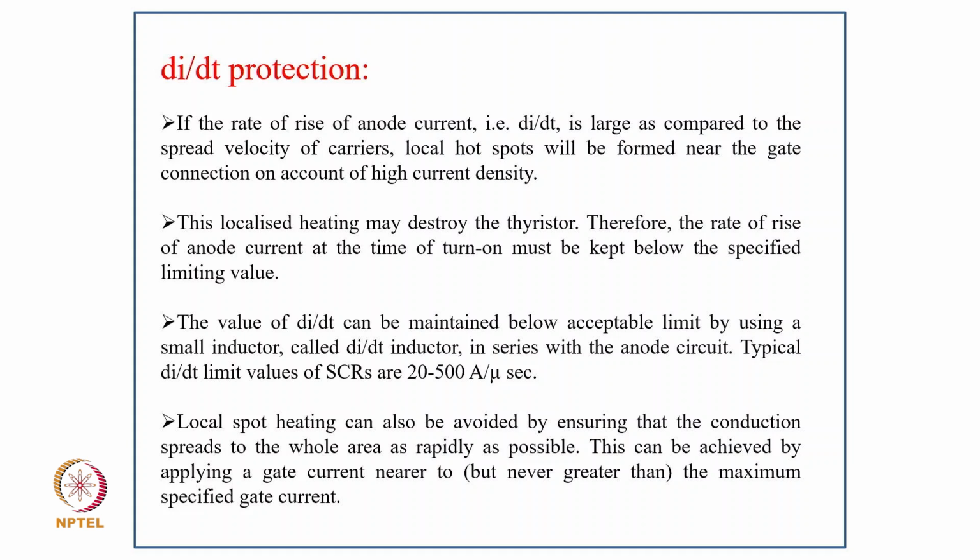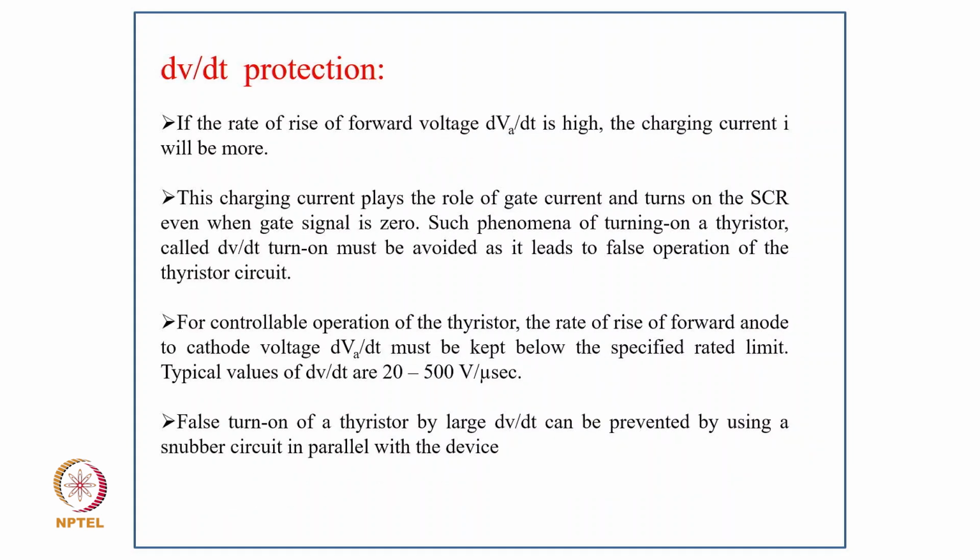Now coming to dv by dt protection: if the rate of rise of forward voltage dv by dt is high, the charging current i will be more, and this charging current plays the role of gate current and turns on the thyristor SCR even when the gate signal is 0. Such a phenomenon of turn on of a thyristor, called dv by dt turn on, must be avoided as it leads to false operation of the thyristor circuit.